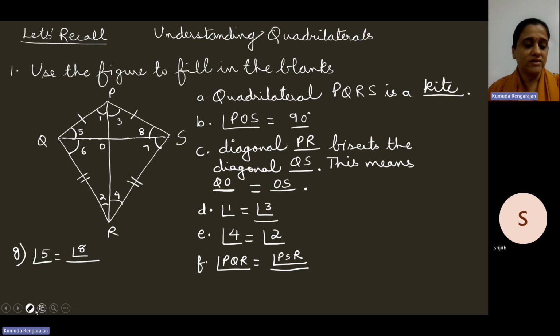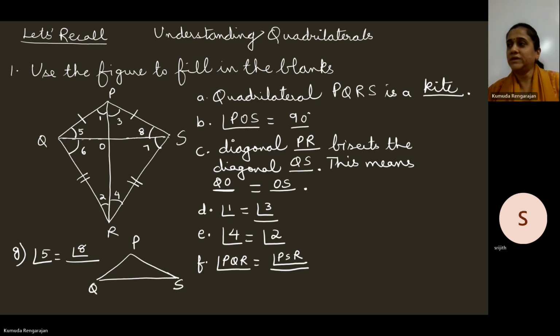I'll draw that figure alone for you. See here, this is the triangle. Look at the board, all of you. Look at the screen, Srijit. In triangle PQS, PQ is equal to PS.